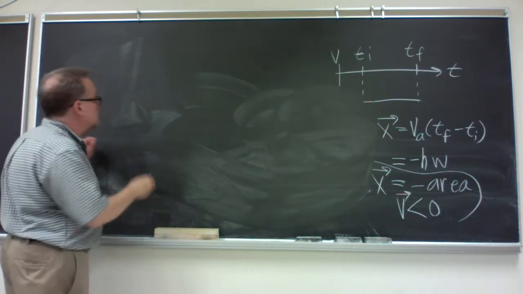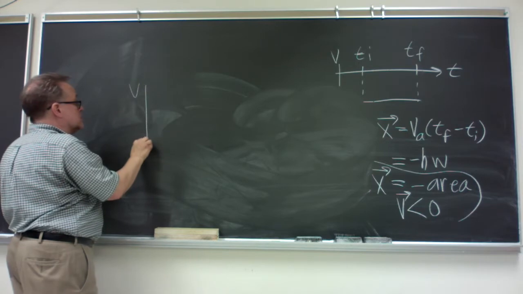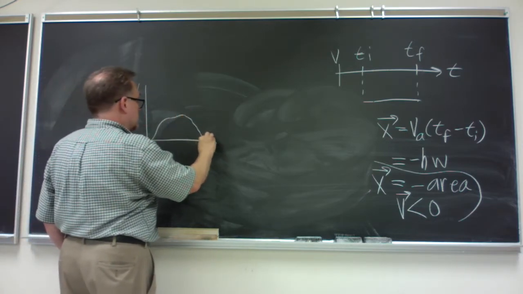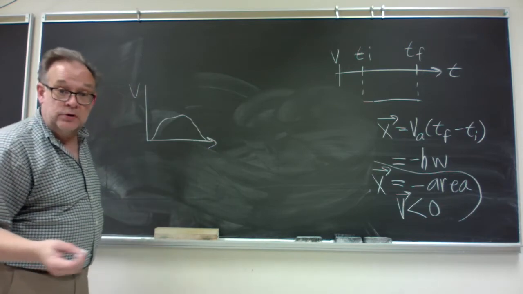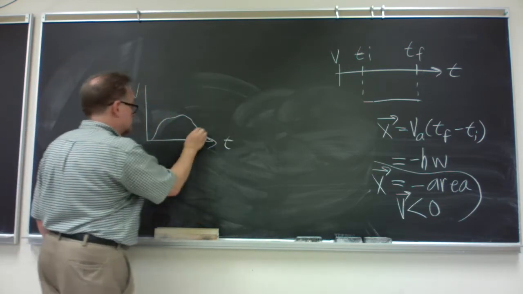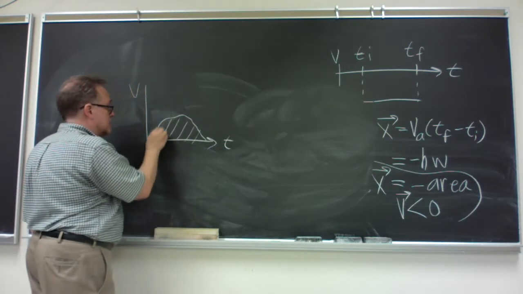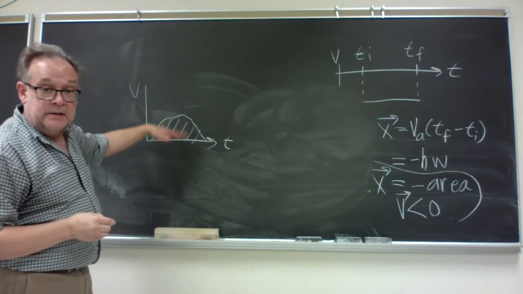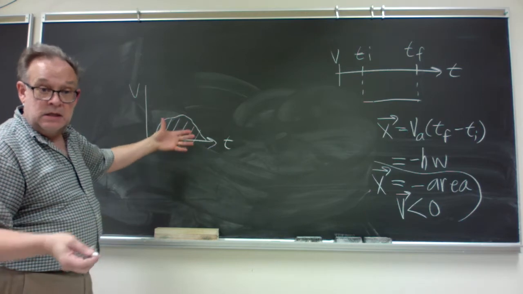So for example, graph of velocity versus time. Let's say the velocity graph is weird like that. It is still the case that that area between the velocity line and the time axis is the displacement.